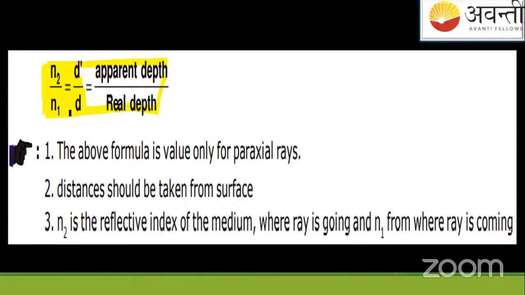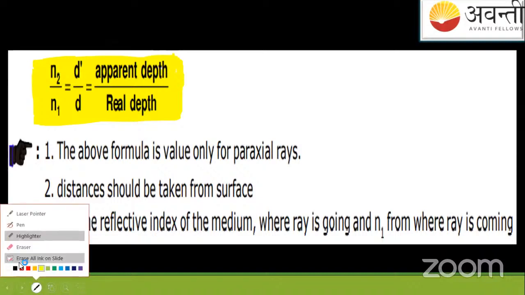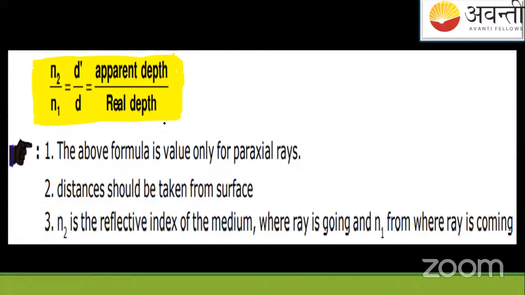That is N2 upon N1 equals D dash upon D. This is the formula, I hope I'm audible. Remember this formula, students. It's a very important formula for you people.